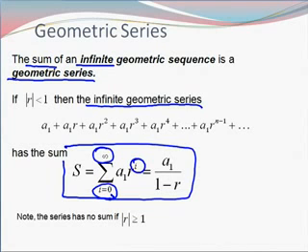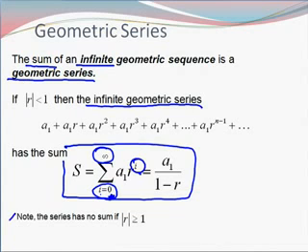So just be careful and make sure you're checking your indices of summation and the power on r, because here we've switched from 1 to n to now having 0 to infinity, and i minus 1 has become i. Just keep an eye out for the differences in those formulas.